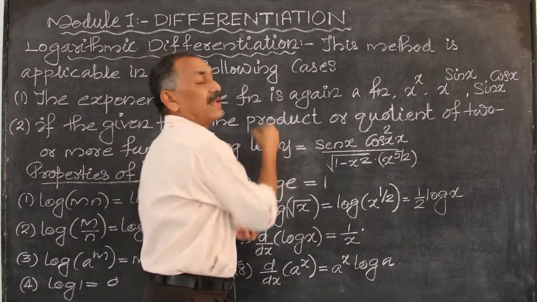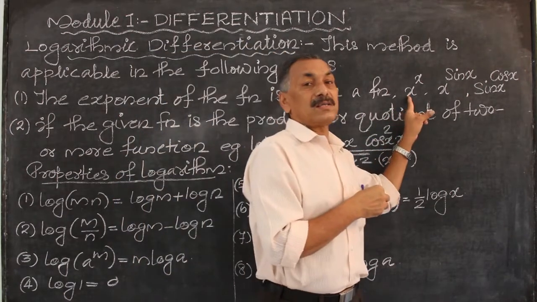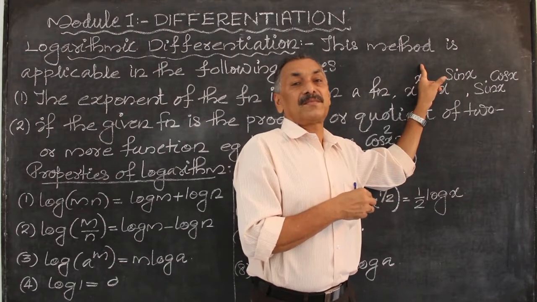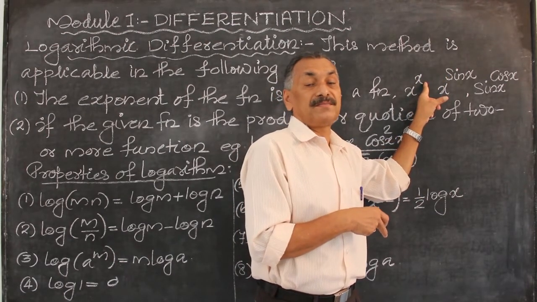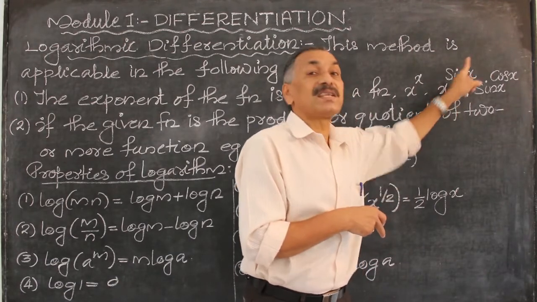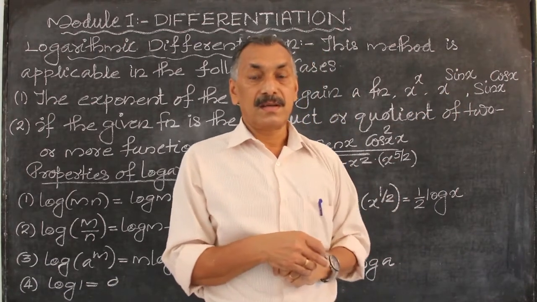Exponent of the function is again a function means, for example, we consider y is equal to x raised to x. Here the exponent x is again a function, a variable. Or y is equal to x raised to sin x. What is the derivative of x raised to sin x?